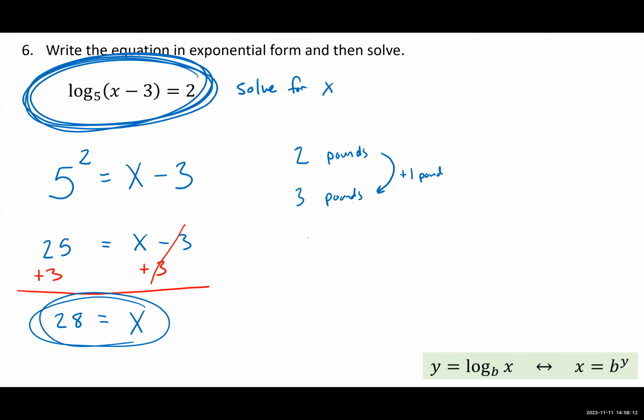And then from 3 pounds to 4 pounds, that's an increase of 1 pound. Nothing crazy going on here. And then from 4 pounds to 5 pounds, same thing.